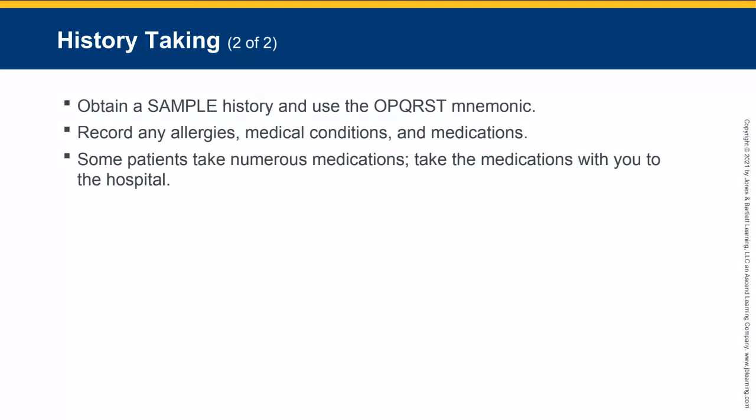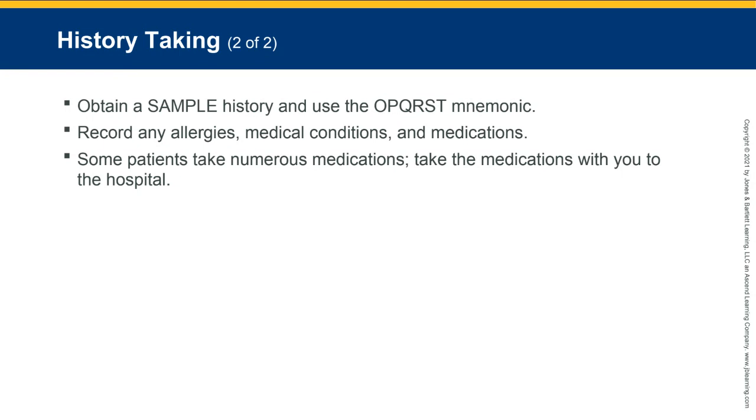If you can't get any info, you will obtain a SAMPLE history and use the OPQRST mnemonic. The SAMPLE history is broad. The OPQRST focuses on the presenting problem. That's the purpose of the OPQRST. It's going to focus more on the signs and symptoms that the patient is complaining of, but the SAMPLE is broad.